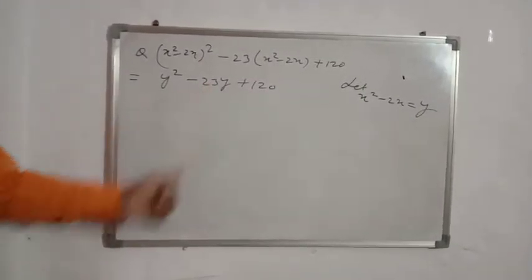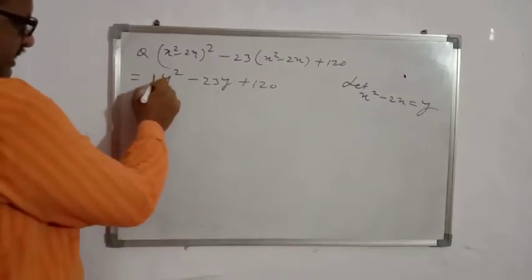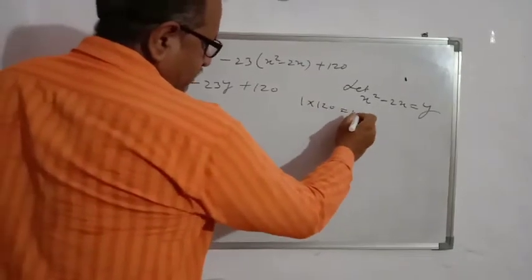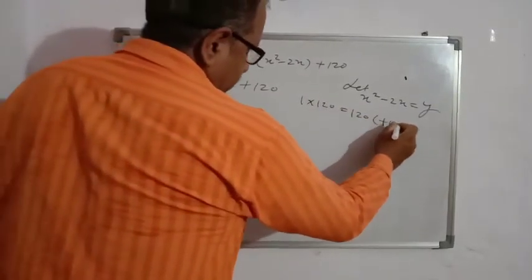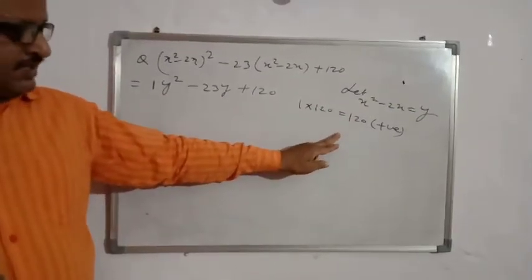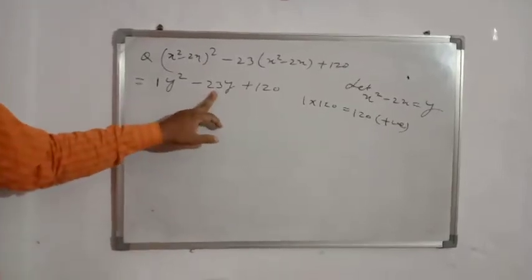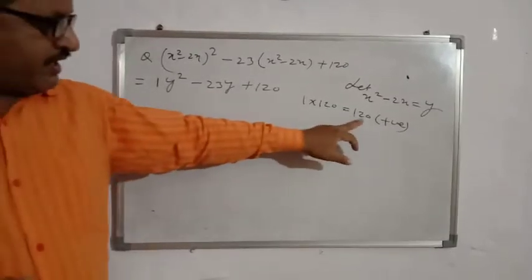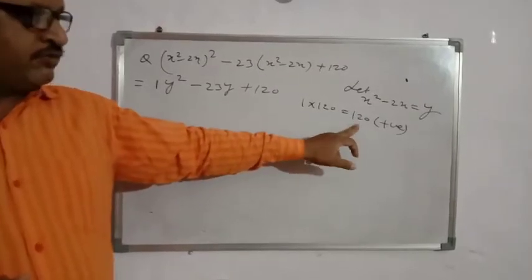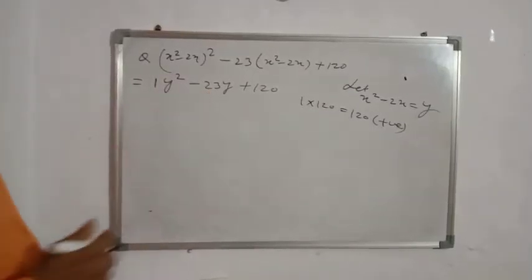Split the middle term 23. How can we split it? The coefficient of y square is 1 here. Constant term is 120. 1 into 120 will come 120, positive. So we have to select two factors of 120 such that their product is 120 but their sum will come 23.